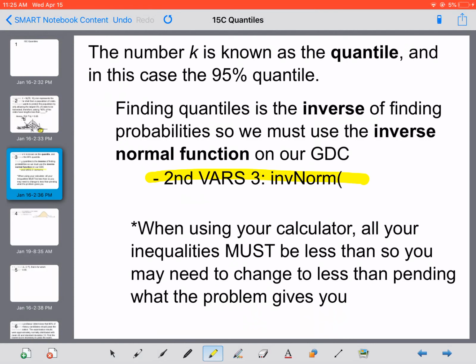The other thing you want to be careful of is that when you're using your calculator, your inequality must always be less than. So if I say the probability that x is greater than k, you have to make that conversion so that your calculator gives you the right value. So how do we do that?